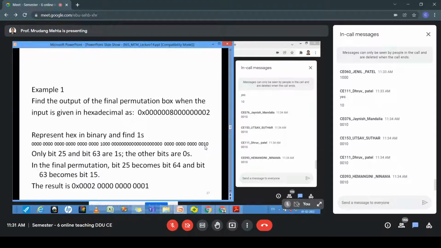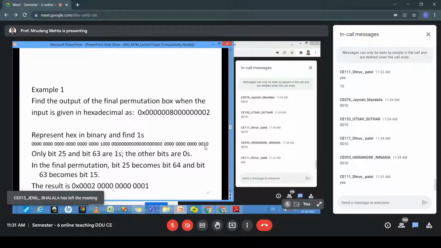This is the position. Clear? So the 25th bit and 63rd bit are the only ones, other bits are 0 in this hex value.